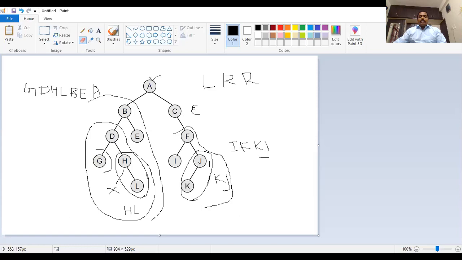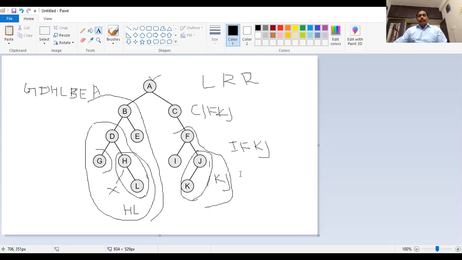So now C is the root. On the right side node, there is no left side, so this will be joined here. So what is the entire output here? C, I, F, then K, then J. So what is the final outcome?